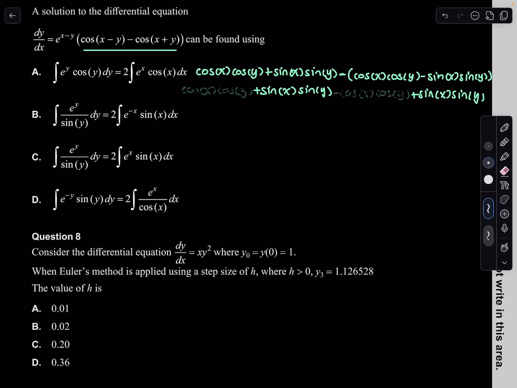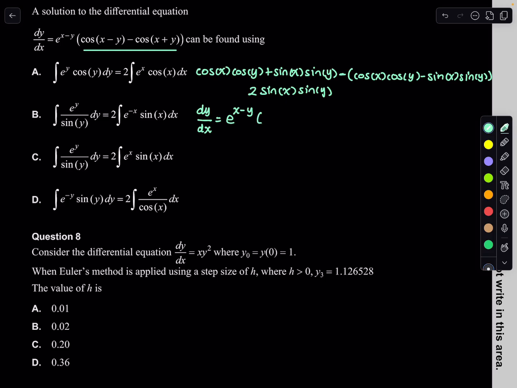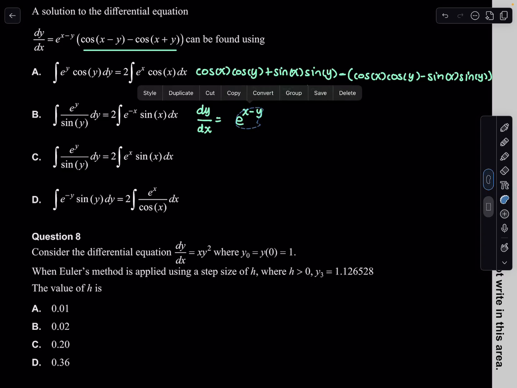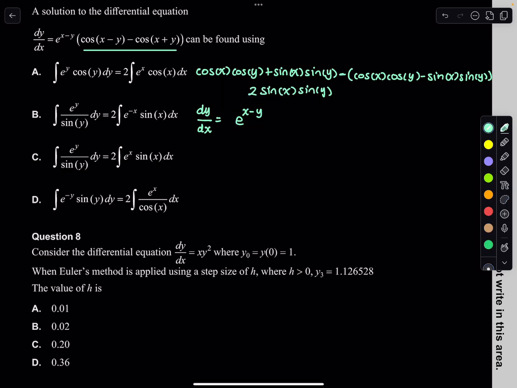The sines add up together, so we can just write this as 2 sin x sin y. Beautiful. So let's rewrite that dy/dx now. dy/dx is equal to e to the x minus y. You can put that 2 in front, it'd be better actually just putting that 2 in front. So 2 sin x sin y. So we've got that beautifully.